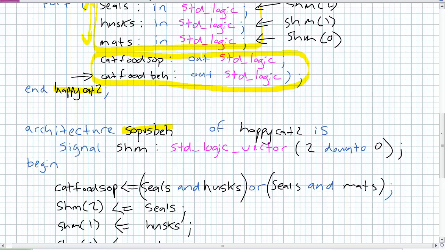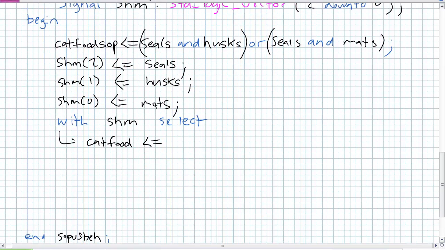Well, it's that one. Since I've already done cat food SOP, what I want to do is cat food BEH. And notice how I'm giving myself a little bit of indent there. I'm telling myself I'm inside this with that particular input select. Structurally I can see I'm in that assignment, and I could potentially write some other code below it.